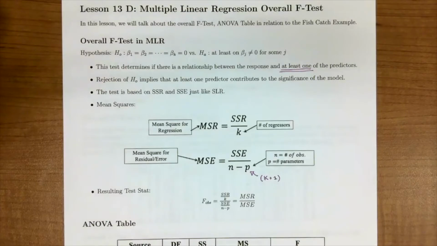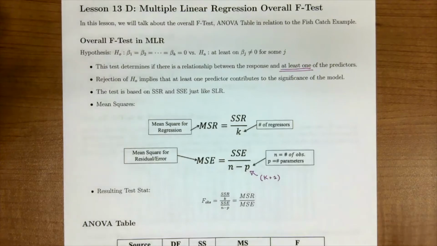This is similar to what we saw with our design of experiments, where we're breaking up our variability into the sums of squares of regression and then the sums of squares of our residual or error. So our resulting test statistic is going to be our MSR over our MSE.